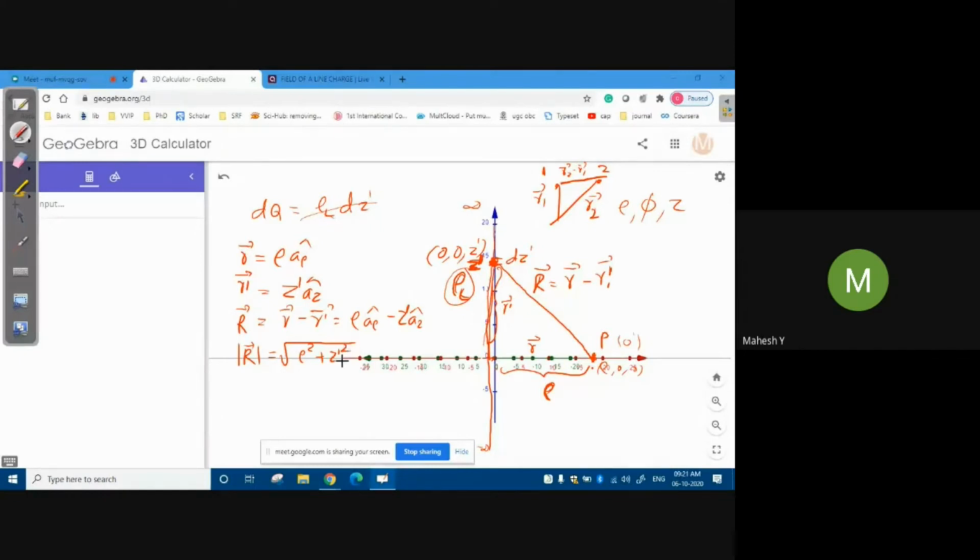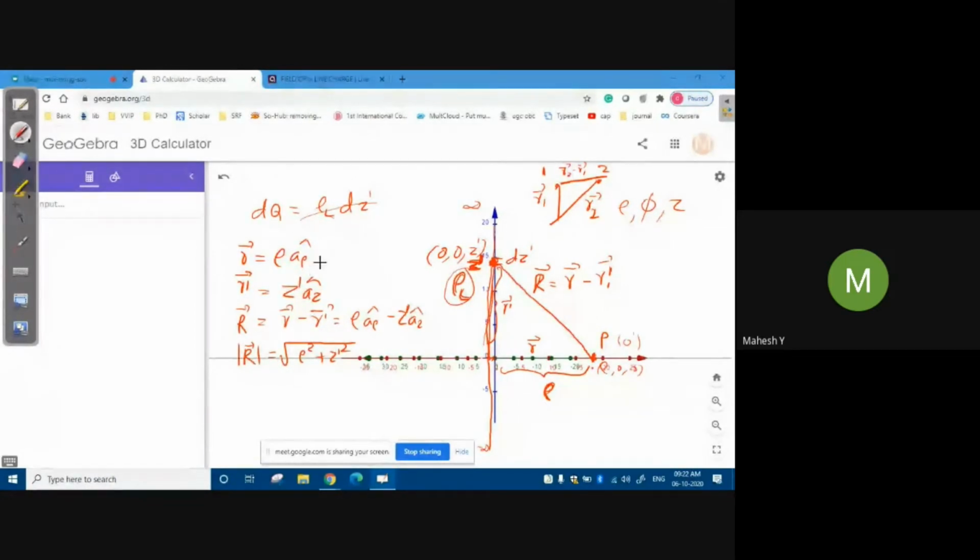Okay. Is this clear? Please respond. Is this clear? Anyone any doubt? Okay, so we got r and the magnitude of r.